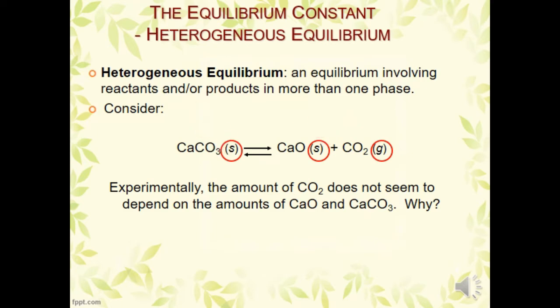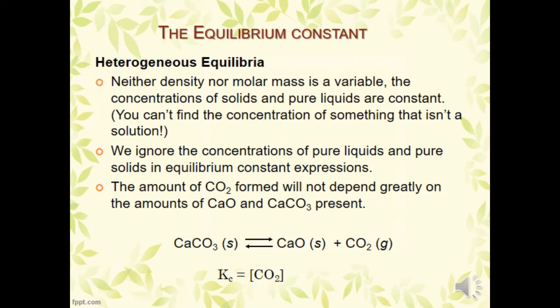And why is this so? If density or molar mass were a variable, then it would depend on the solid calcium carbonate and calcium oxide. But neither density nor molar mass is a variable.